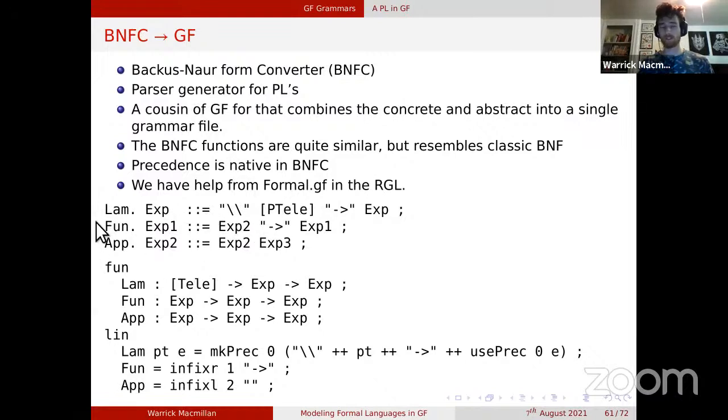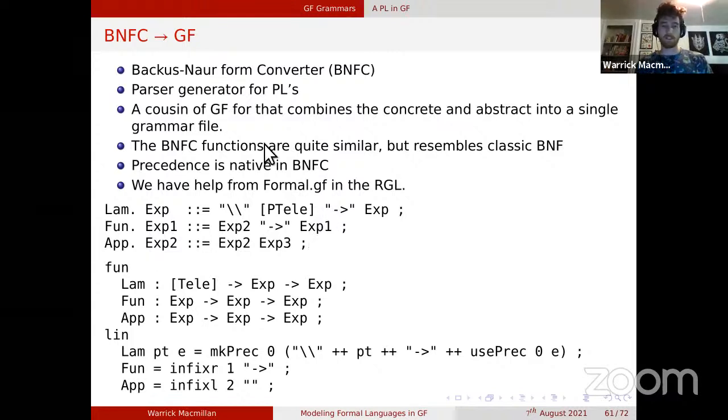It mimics the Chomsky-style syntax for including strings. In GF you separate the abstract and the concrete, and in BNFC you keep them all in the same file. So the quotes here are obviously strings, and this is the abstract detail.